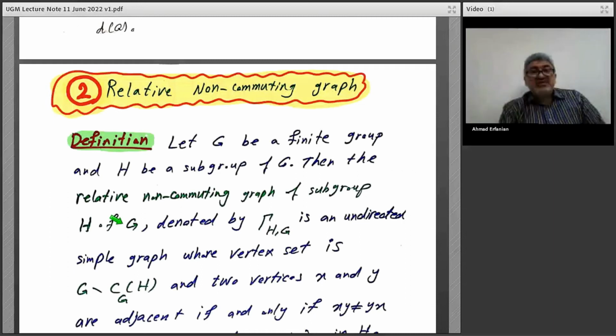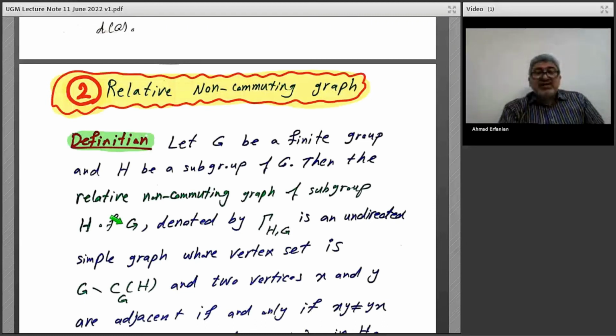Let me just give a generalization of a non-commuting graph. For the non-commuting graph, I defined the vertex set as the non-central elements, G minus the center, and we will have an edge between X and Y if X and Y do not commute.